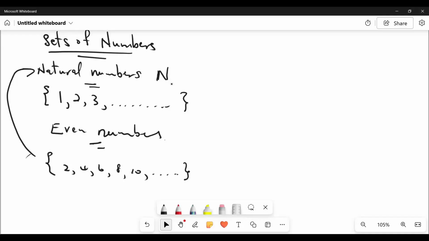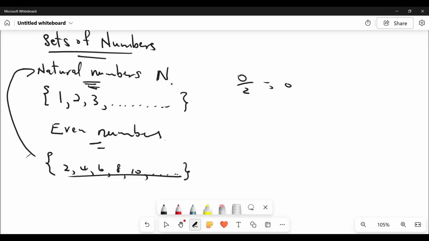Even numbers are a subset of natural numbers, right? Even though 0 is divisible by 2, that is, 0 divided by 2 is 0.